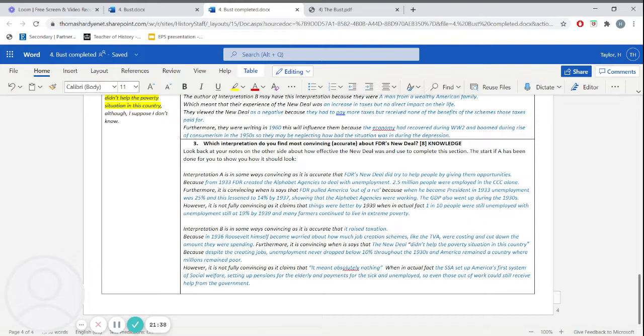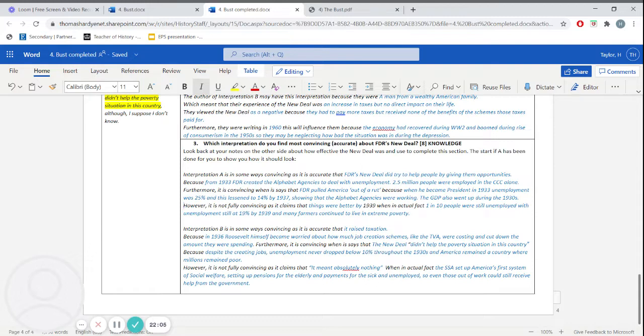However, it is not fully convincing when it claims that things were better by 1939. So you don't have to do this, but if you think you can, point out where something is less convincing. Because when it says things were better by 1939, in actual fact, 1 in 10 people were still unemployed, with unemployment still at 19% by 1939, and many farmers continued to live in extreme poverty.